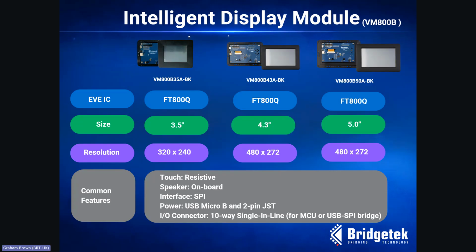These are in a robust and easy to mount plastic bezel, which is ideal for both evaluation and final products. These can be connected to any MCU over SPI or to a computer via a USB to SPI adapter, such as the M4222 QSPI that we will show you later.